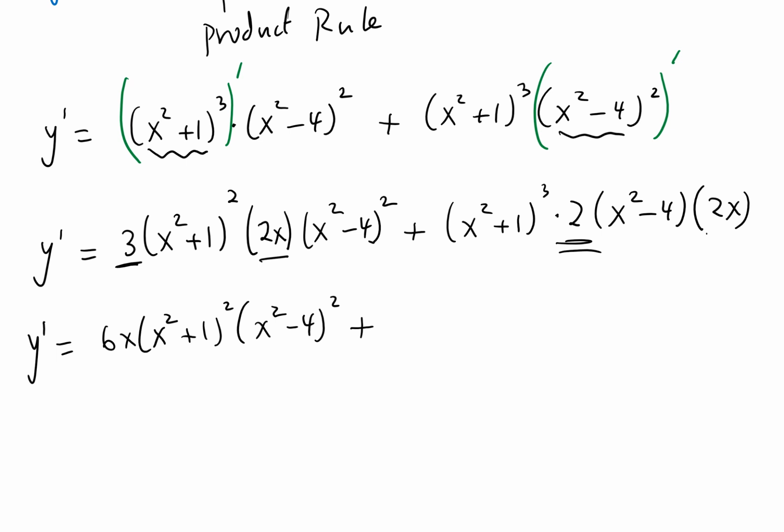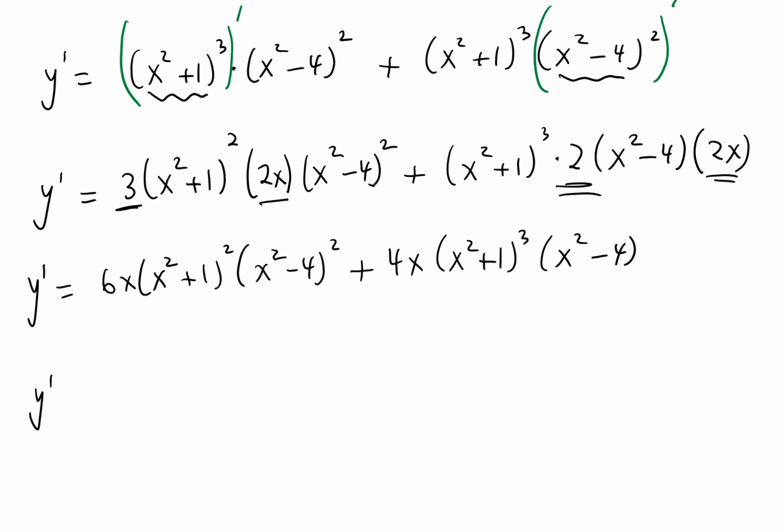You can multiply this and this, that's 4x, and x squared plus 1 to the third times x squared minus 4 stays the same. So we try to multiply those small ones first, and then we need to simplify this by factoring. What can I factor here?